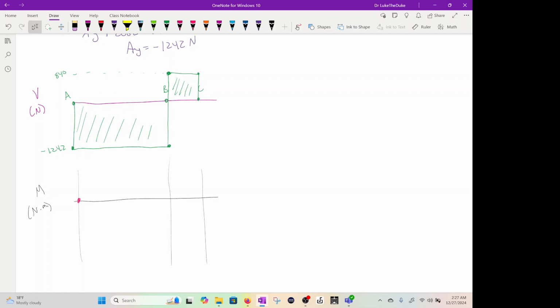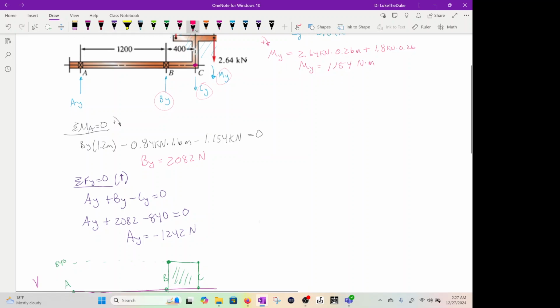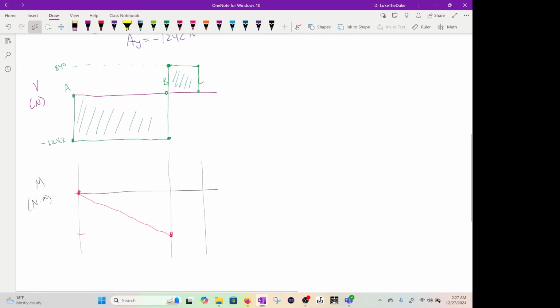And we just got to figure out what the area of A to B is from the shear diagram. Okay, so it's going to be linear because it's a rectangle. It's going to be linear down to here, and this value is 1242 times 1200 millimeters. Okay, so this should be minus 1490.